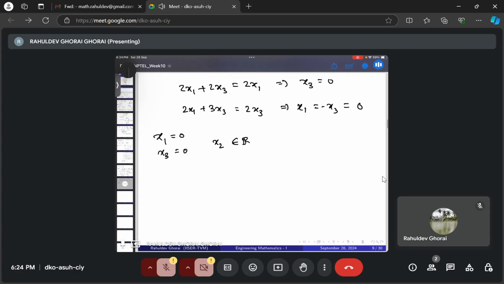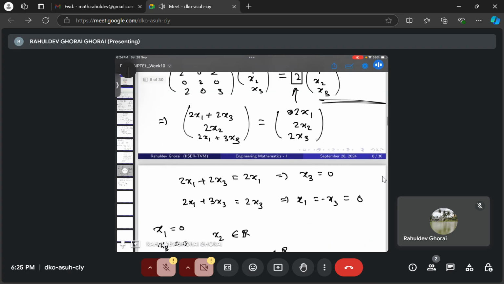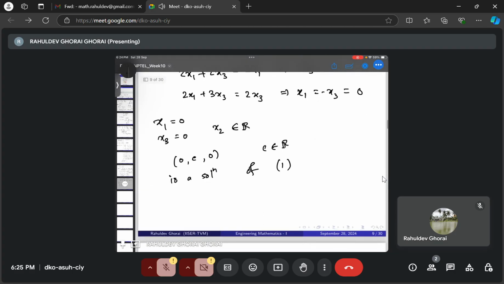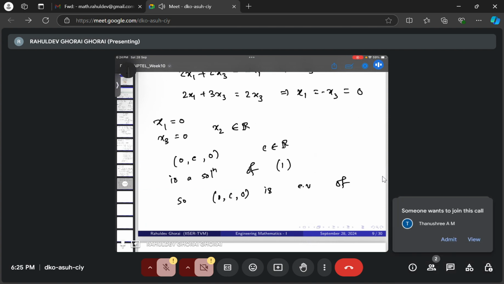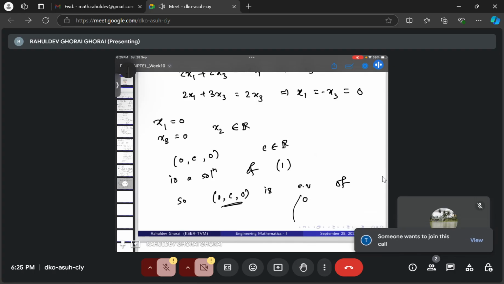If x2 belongs to the real numbers, then it is also a solution. So (0, C, 0), where C belongs to R, is a solution of equation 1. Since we started with x1, x2, x3 as the eigenvector, (0, C, 0) is an eigenvector.